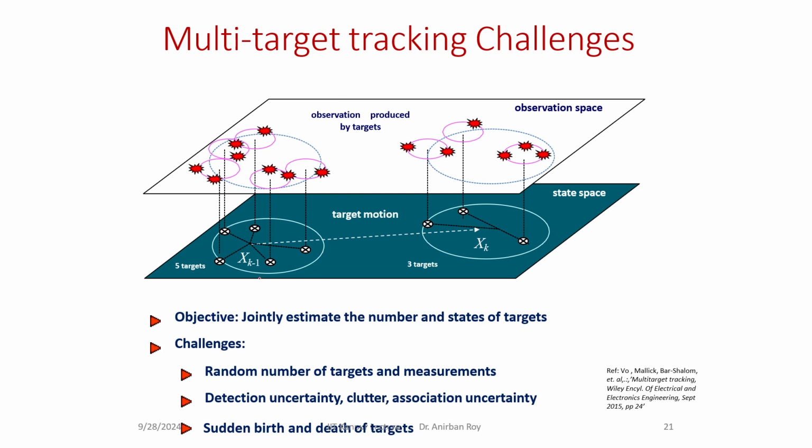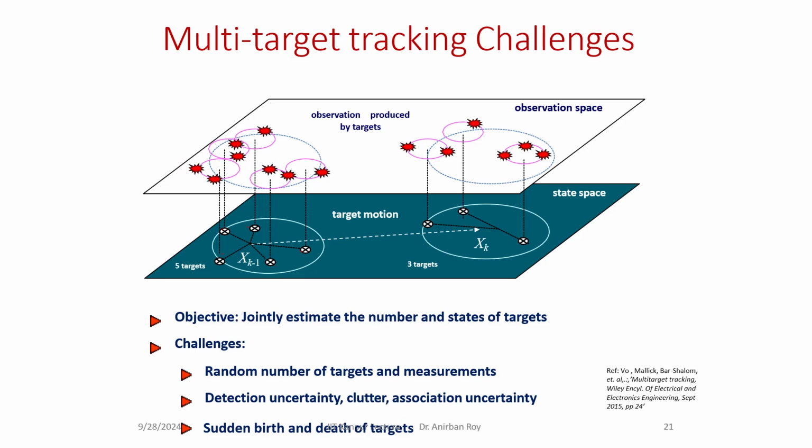First, at t equal to k minus 1, let us decode what is happening. You have 5 targets, 5 objects which your sensor is recording. The sensor should give 5 measurements, but due to clutter it will give more, or it could be less if there is a misdetection.